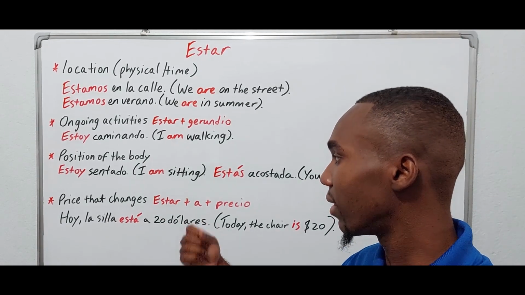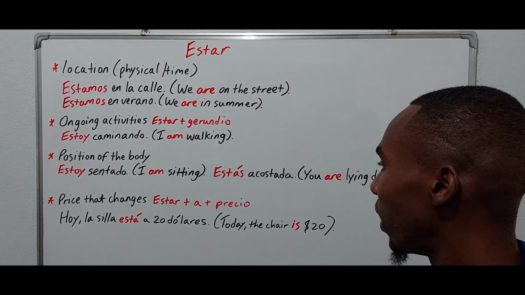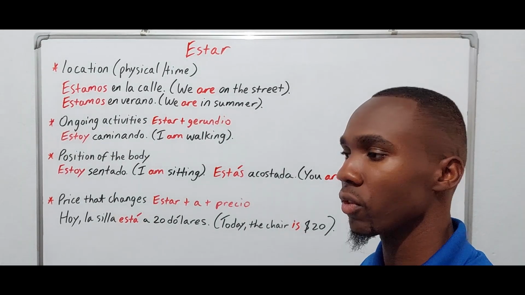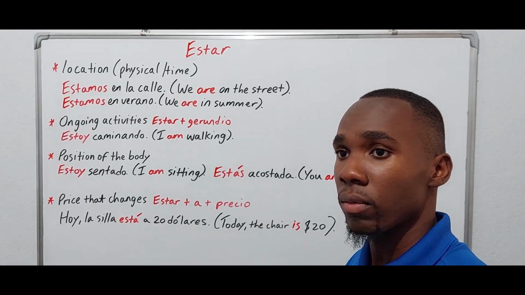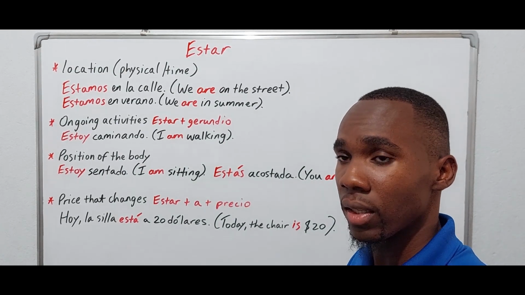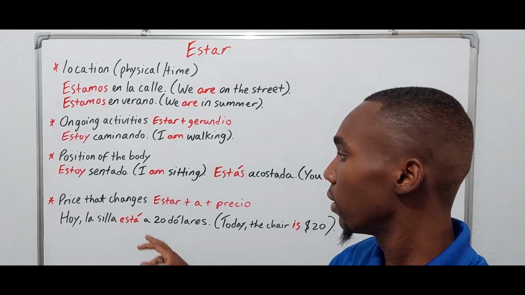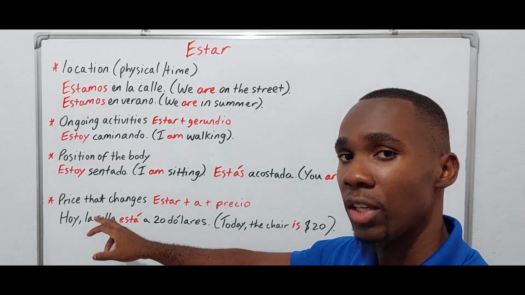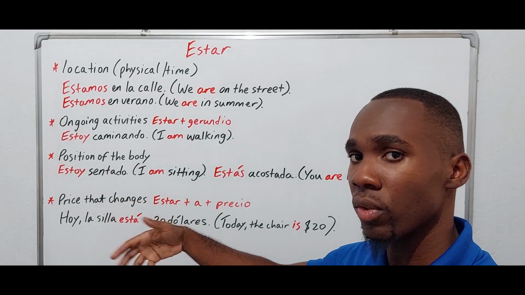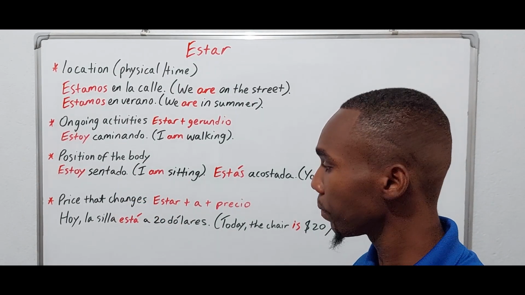So hoy la silla está a $20. Today the chair is $20. So that suggests, of course, that $20 is just the price for today, and another day it could be less or it could be more. All right. Hoy, so keyword today. So that would suggest that that is also temporary, right?